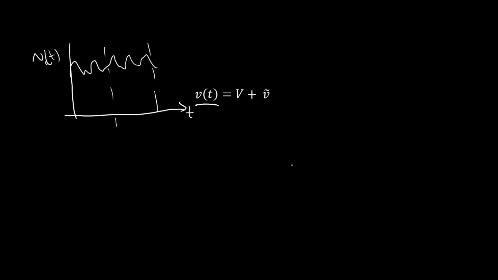The way we break up this signal is into two bits. One bit is the DC bit, which we denote with the capital letter of whatever variable, right? So if it's a current, we'll use a capital I. If it's a voltage, a capital V. The capital letter represents the DC component, and maybe the DC component looks like this.